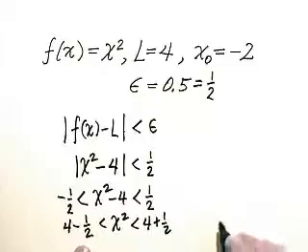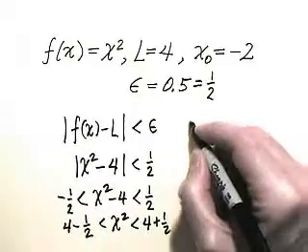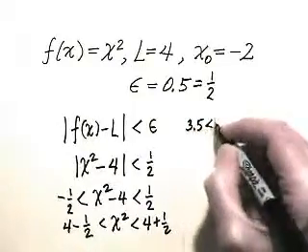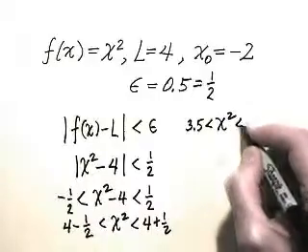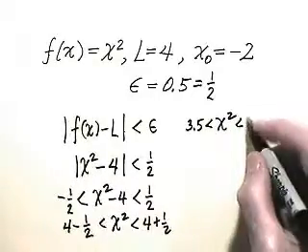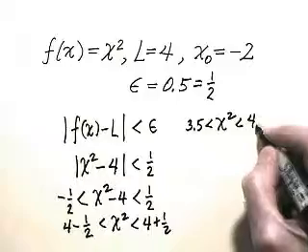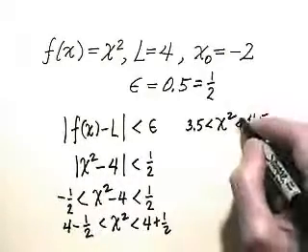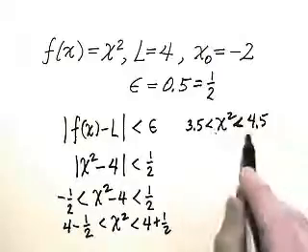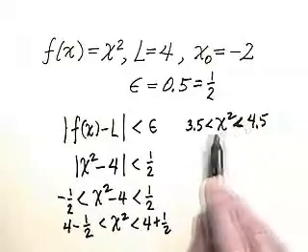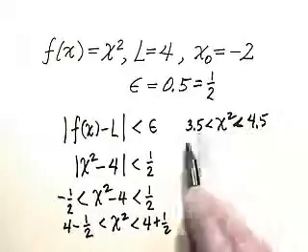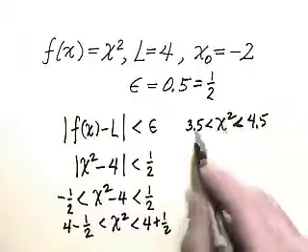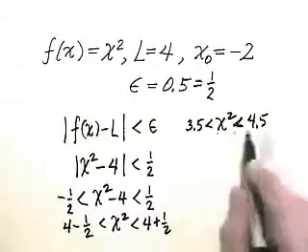I'll write that as 4.5. So here, we've just about finished. Notice taking square roots will preserve the order. That is, if I take the square root of each of these terms, then square root 3.5 is less than square root of x squared is less than square root of 4.5.